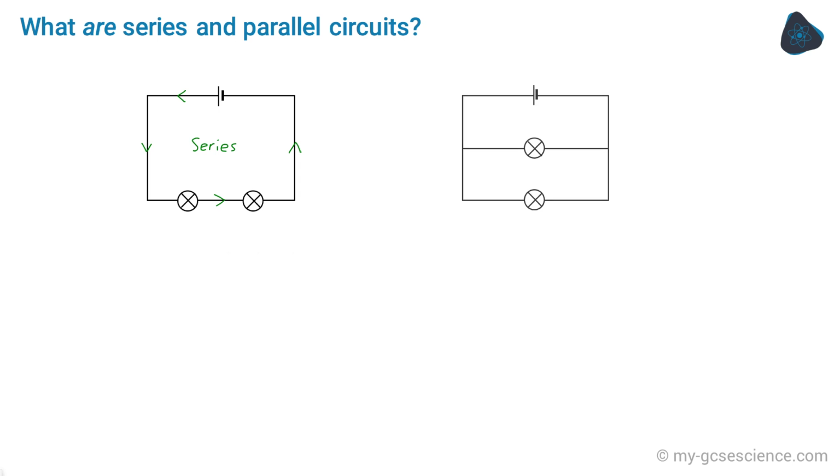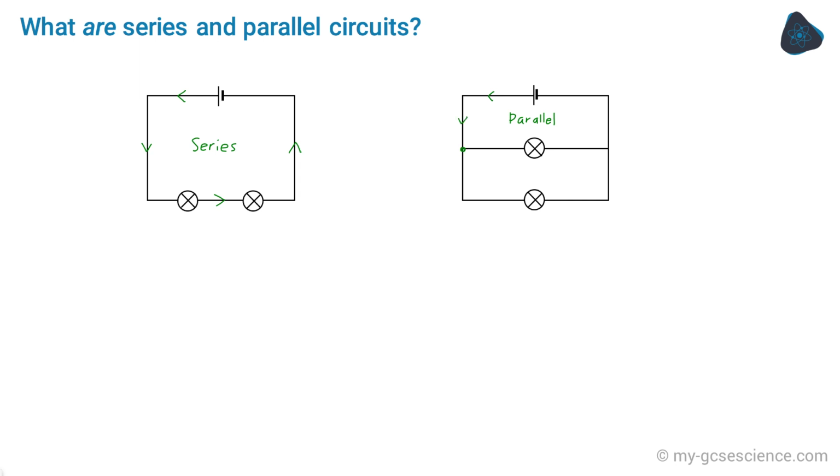On to parallel circuits next. Now, as you can see, the circuit components which are used here are identical to those which were used to the left in the series circuits. We have the cell at the top and the two bulbs below, but the wiring of the circuit is very different now. So let's follow the same procedure. We have current which comes out of the positive end of the cell, goes down here like so.